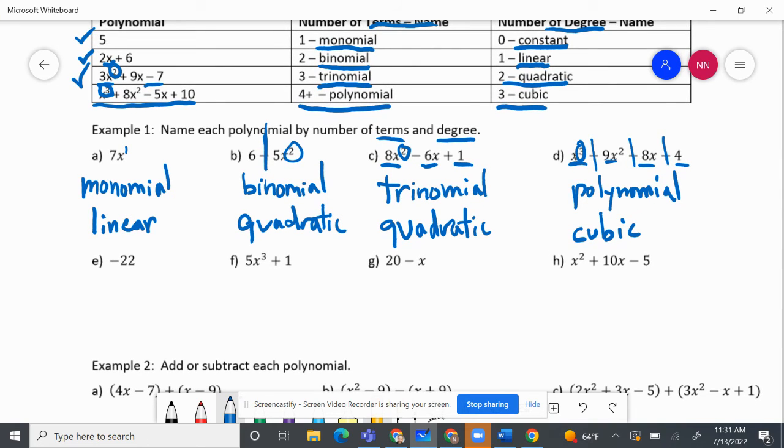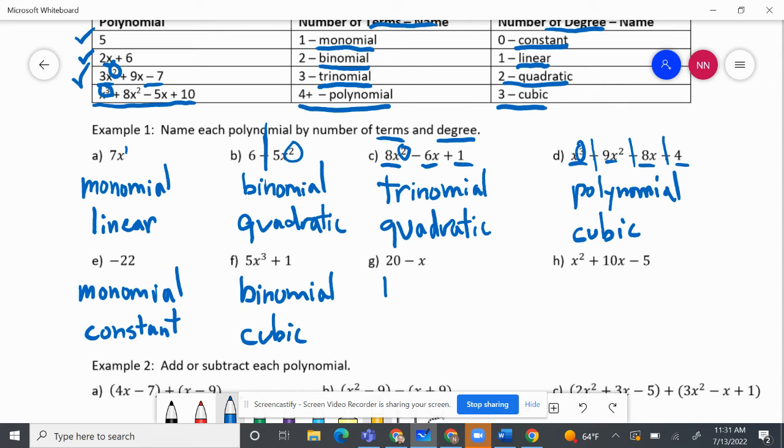For letter E, this would be a monomial. And since there's no variable, we're going to call this a constant. For the next one, we're going to call this a binomial. And this would be a cubic.